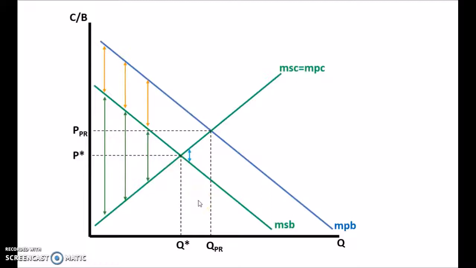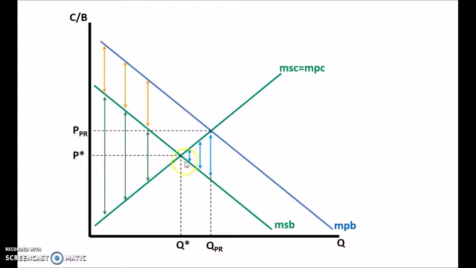The problem is when we move beyond Q star, which is this region between what society wants at Q star and what the private market actually produces. So here, what we're observing is that social costs, MSC, are greater than social benefits. So society doesn't want this, nor do they want that or that until they get to QPR.